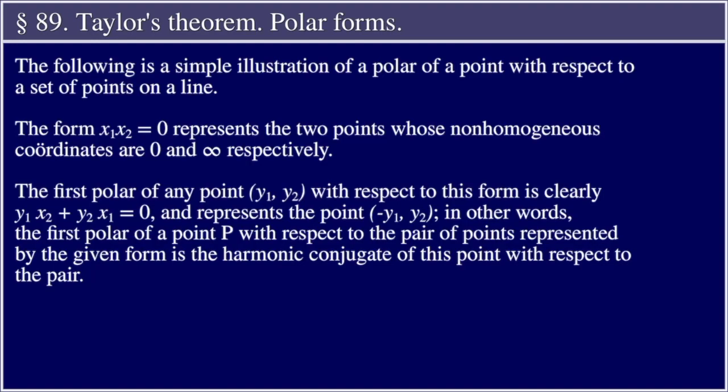The first polar of any point y sub 1 comma y sub 2 with respect to this form is clearly y sub 1 x sub 2 plus y sub 2 x sub 1 equals 0, and represents the point negative y sub 1 comma y sub 2. In other words, the first polar of a point P with respect to the pair of points represented by the given form is the harmonic conjugate of this point with respect to the pair.